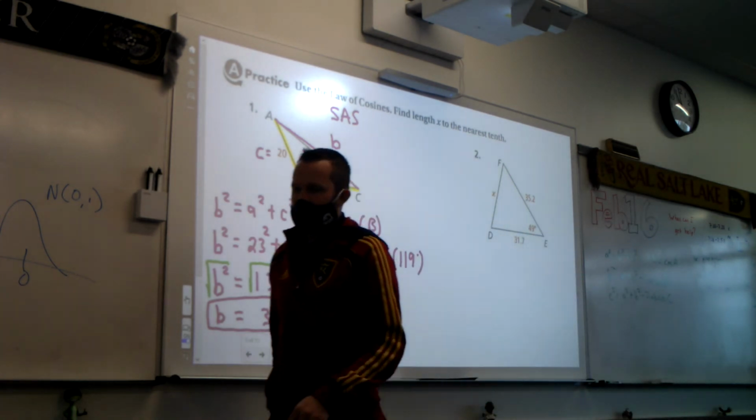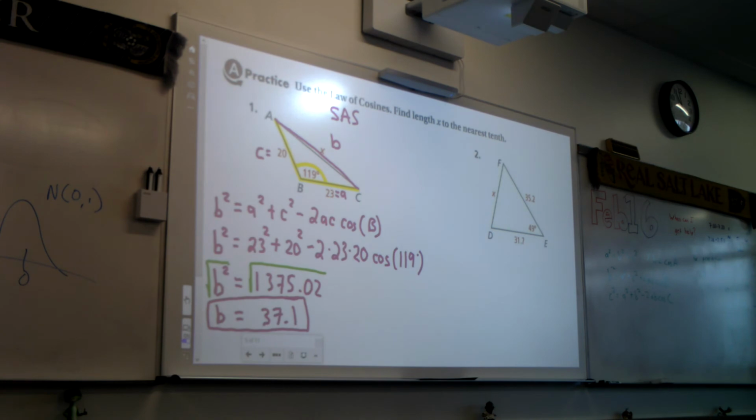let me write it out on here. Could I give E, D, and F new names like A, B, and C? Sure. But I'm actually going to write it like this. I'm going to say x squared is going to be equal to, in the side angle side, we're going to do a side squared plus the other side squared minus 2, multiply the sides together, and then do the cosine of the angle.